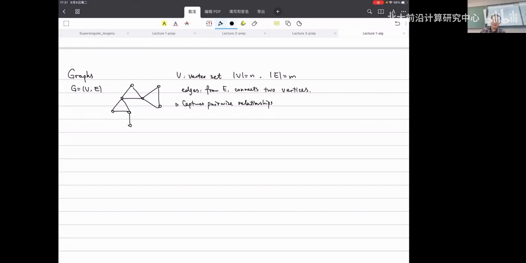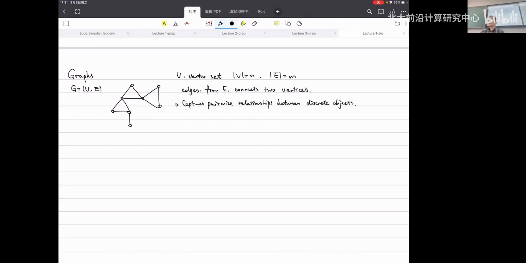And in terms of pairwise relationships, we are talking about something discrete. This vertex set is actually a discrete set. We have 1, 2, 3 to n, this number of vertices. So in general, we can say that this is a relationship between discrete objects.